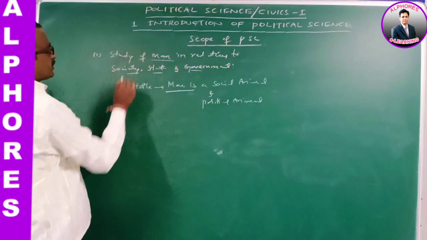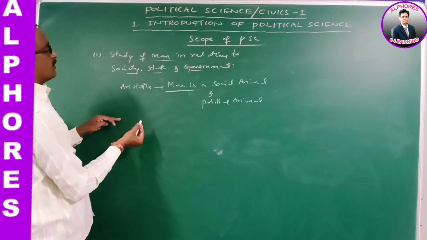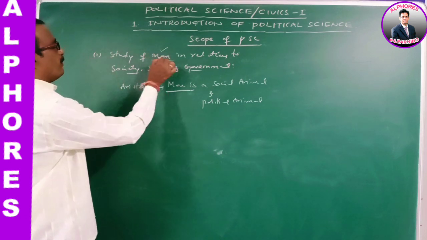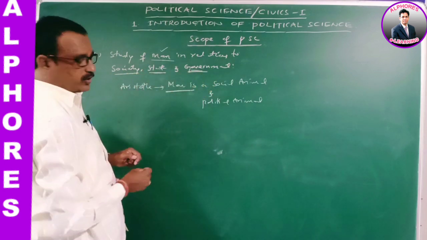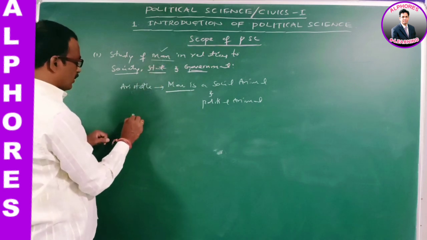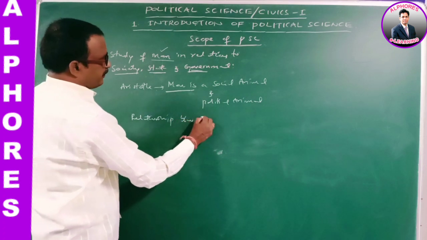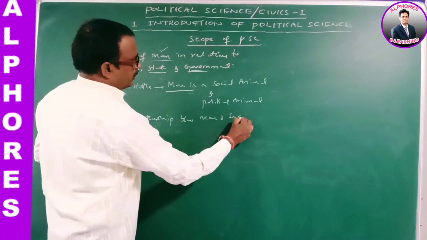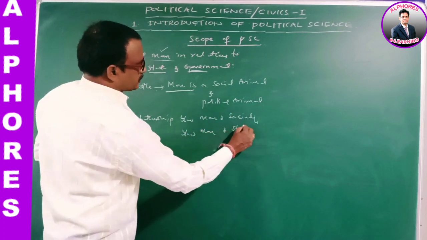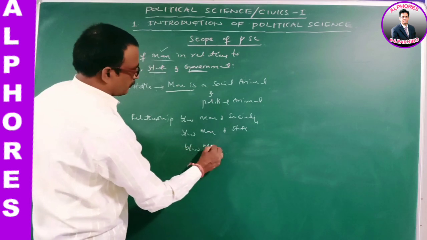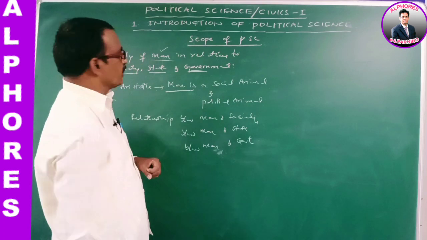Then, particularly here, political science explains the relationship of man with society, state and government. Political science explains the relationship between man and society, between man and state, between man and government.